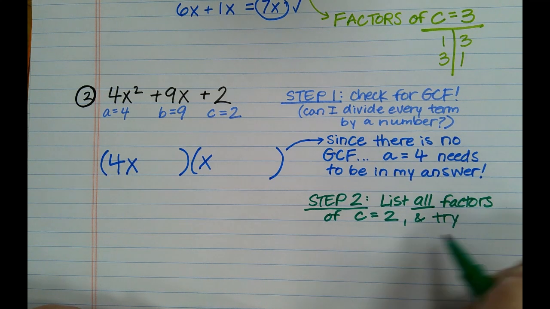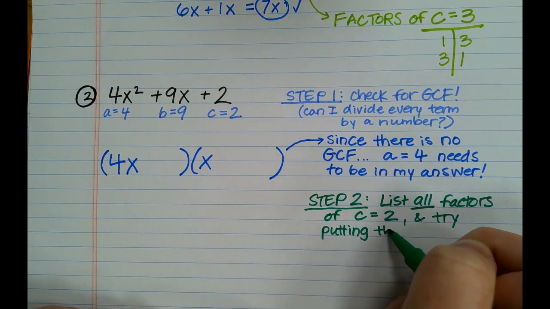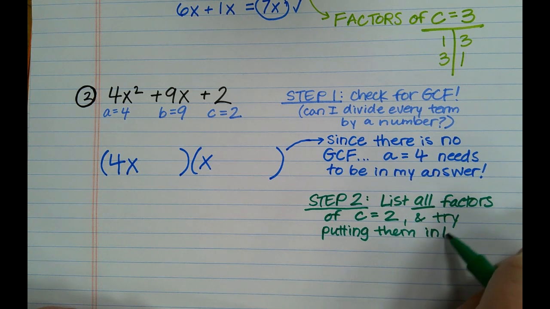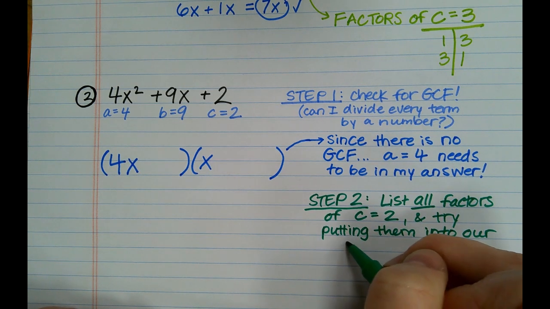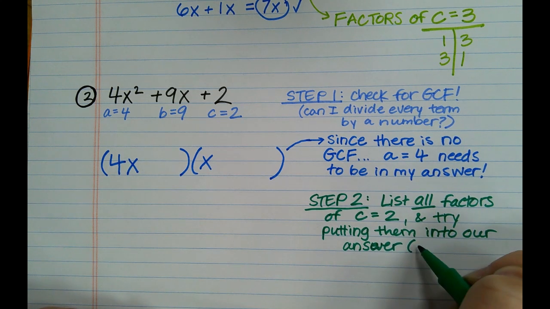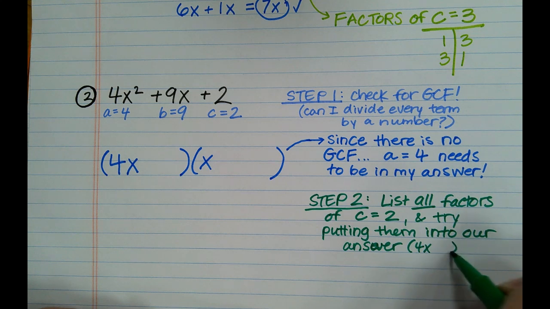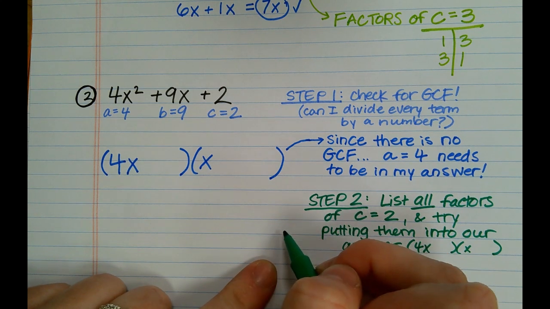And then we want to try putting them into our answer. So, what are the possible factors of 2? 1 and 2, or 2 and 1.